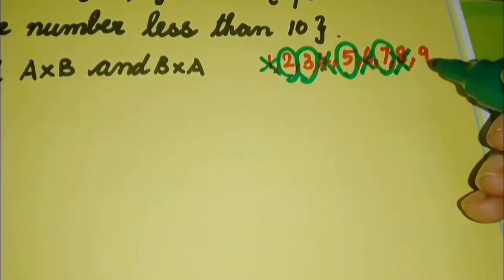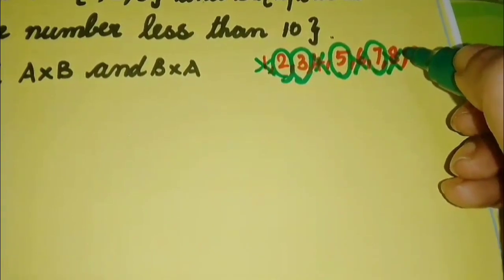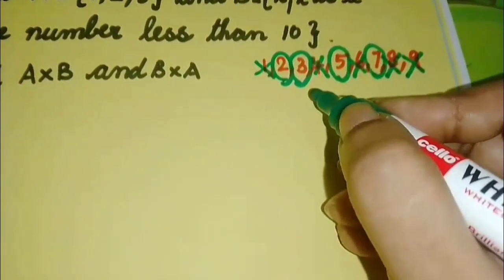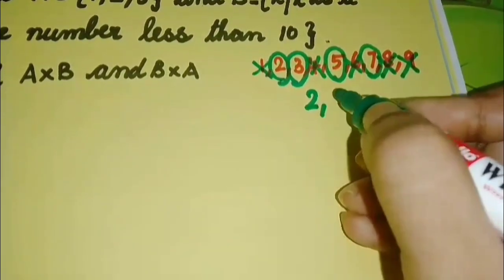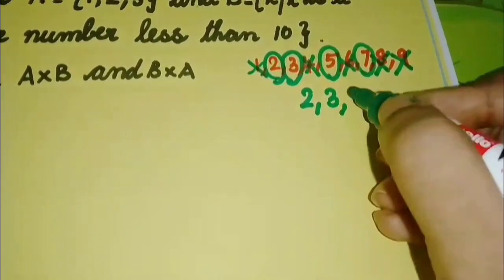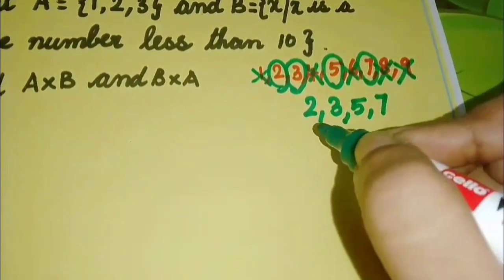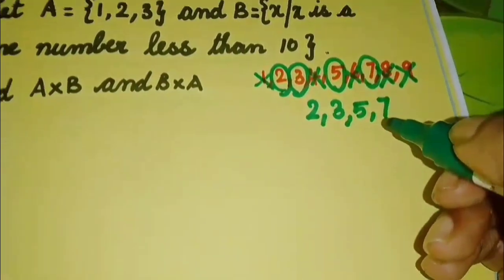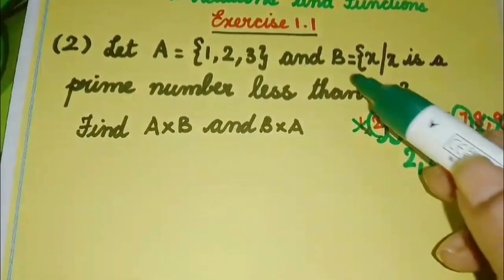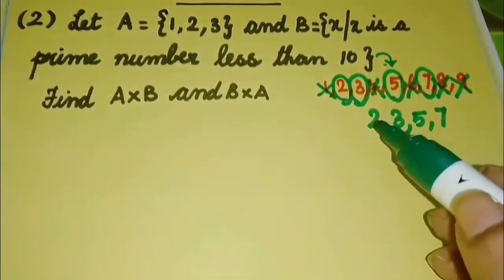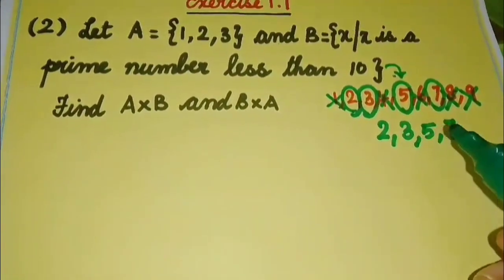Is 9 a prime number? No, it can be divided by 1, 3 and 9. So our prime numbers are nothing but 2, 3, 5 and 7. We are left with only these 4 numbers. So B is the set which contains the elements 2, 3, 5 and 7.